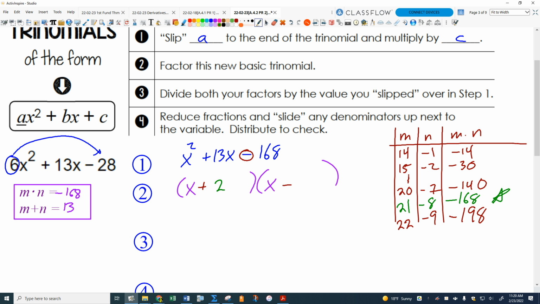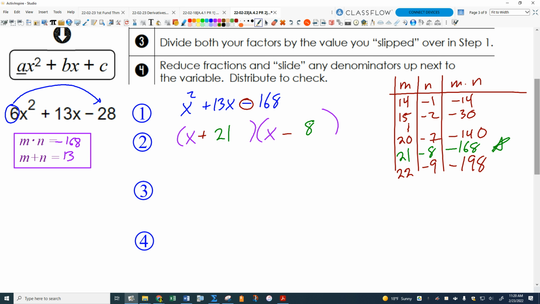x plus 21, x minus 8. There's step 2. Factor the new basic trinomial. Okay, we did that. Now step 3. Divide both your factors by the number that you slipped over in step 1. What was the number we slipped? 6. Okay.